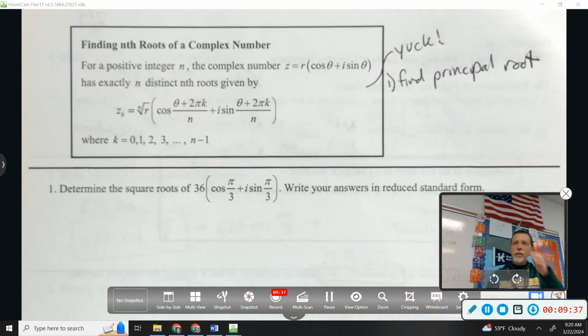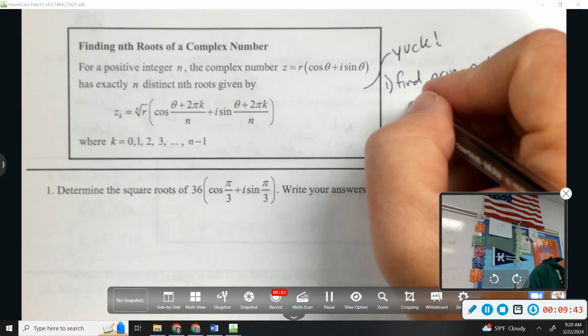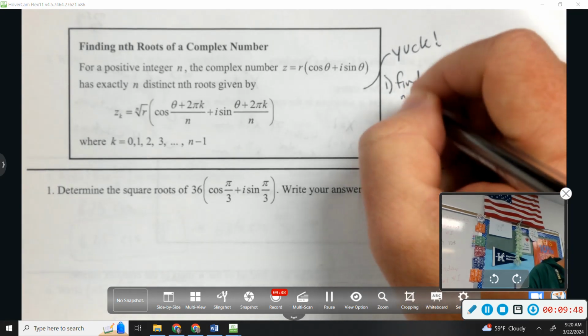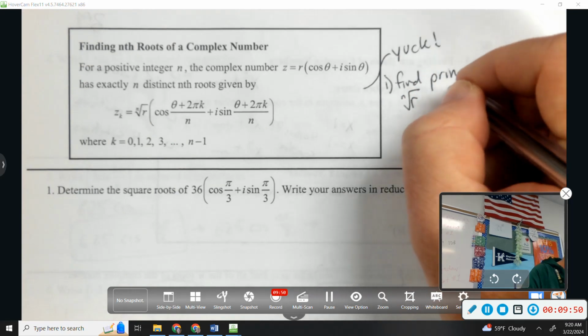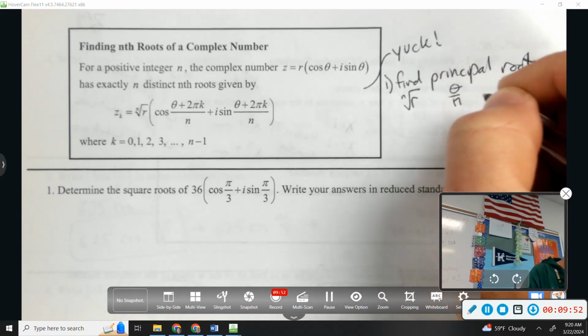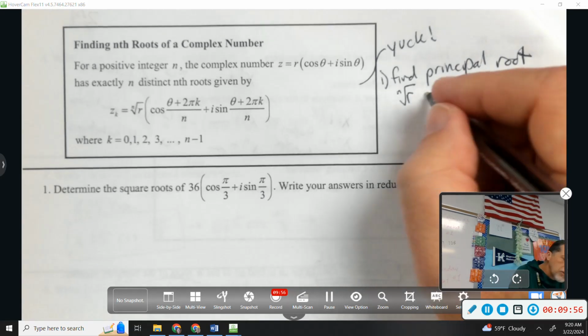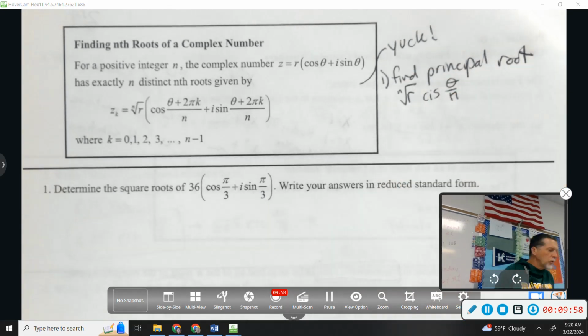That's exactly what we did yesterday. Put the power on the r, multiply the angle. So the nth root of r, I guess we could say, and theta over n. That's our principal root. In fact, I should probably just write cis theta over n. That's our principal root.